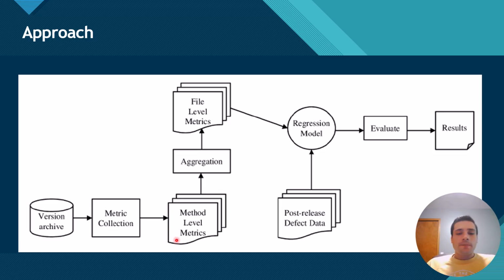And then from there, they would use the aggregation techniques to come up with file level metrics. And then they used that as well as post-release defect data as inputs into regression models. And then they evaluated and analyzed the results from there. So this diagram is taken directly from the research paper, but it shows a high level of the process that they used.